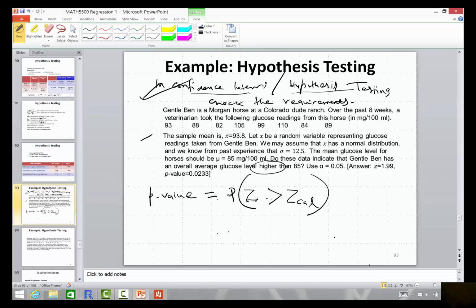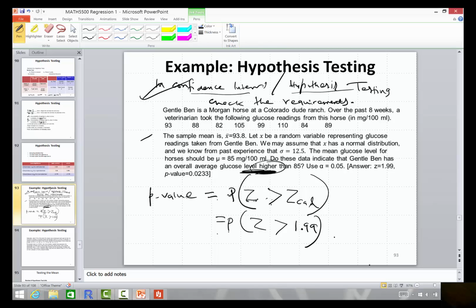More extreme could mean less or greater, depending on the problem. Okay, this is greater here. More extreme than the observed value of the test statistic, that means G calculated. So G is greater than G calculated, which is 1.99.